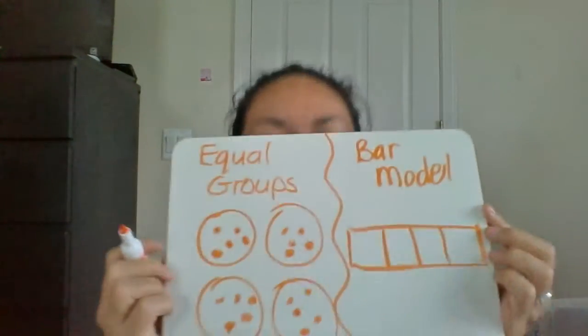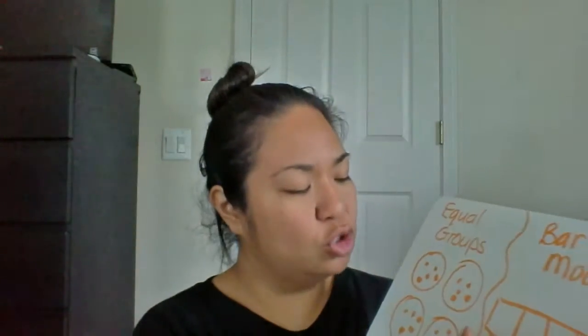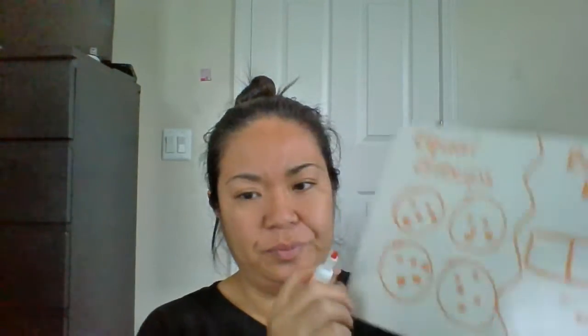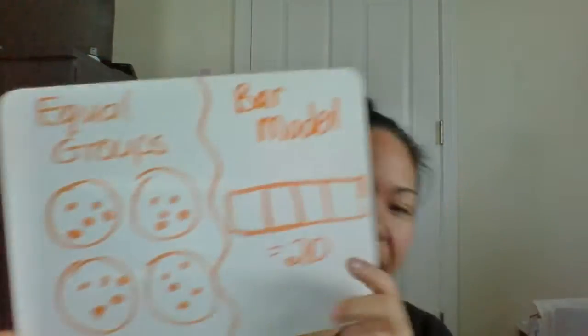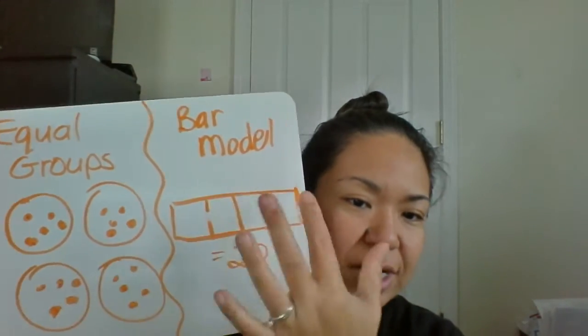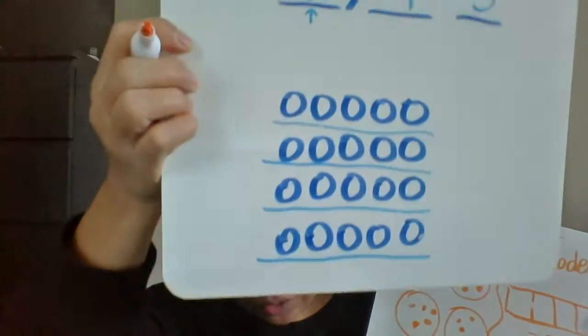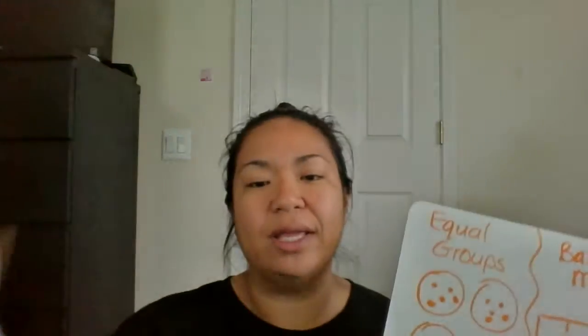Now remember that the total of the boxes has to equal 20. The numbers that I put in here have to equal 20, just like all the dots here equal 20, and just like all the circles together in the array equal 20.